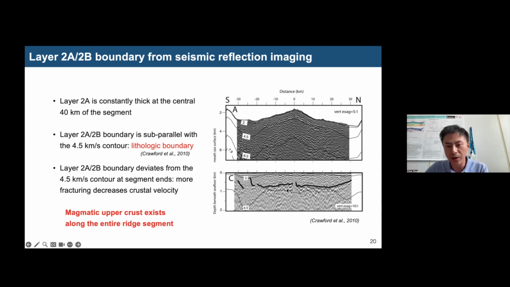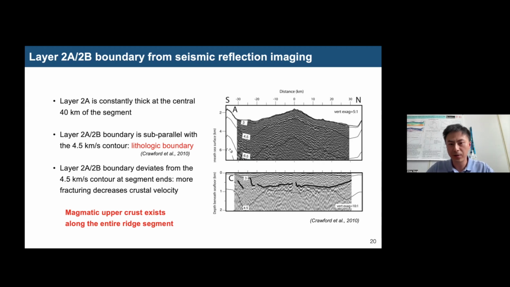Here you can see the layer 2A is constantly thick for the central 40 kilometers of the segment, and further towards the segment end, the layer 2A becomes thinner, and the layer 2A/2B boundary becomes distorted. They also find the layer 2A/2B boundary is subparallel to the 4.5 kilometer per second velocity contour. So they interpret this boundary as a lithologic boundary.